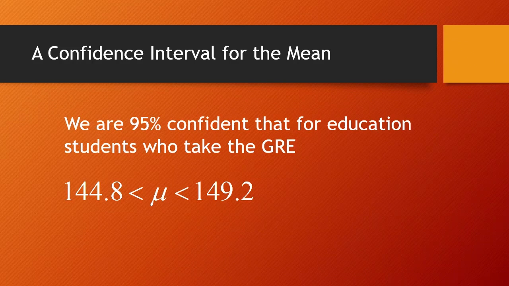It bears repeating that we only had a sample of size 64 and the population could be thousands. Yet we are able to make inferences about that population mean even if it contains thousands of students, as long as we randomly sampled those 64 students from that population.